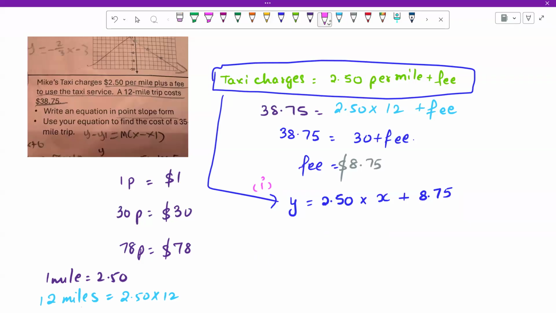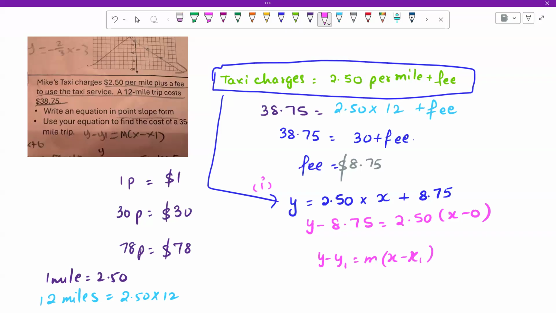We want to write an equation. Point slope form: y minus y1 is equal to m times x minus x1. Can we say this is y minus 8.75 equals 2.50 times x minus 0? Yeah. That's our point slope form. That's all we wanted, right?